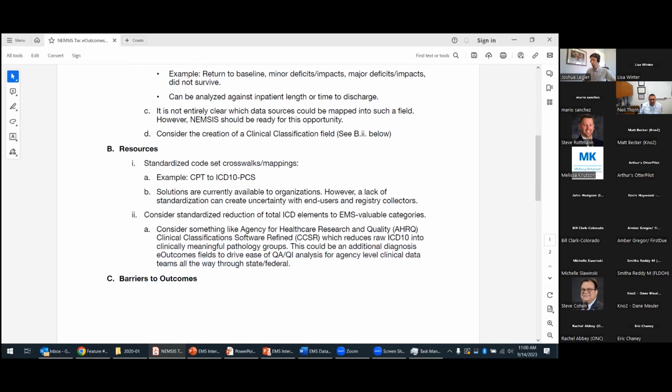Resources that he said would be important to have would be standardized crosswalks or mappings, for example, going from CPT codes to ICD-10 PCS codes, and to have something standardized so there's not variation out there. Also, he mentioned with ICD-10 codes, a way to roll those up into a level of detail that's relevant to EMS and not too detailed. So we can certainly look at resources for ICD-10 roll-ups.